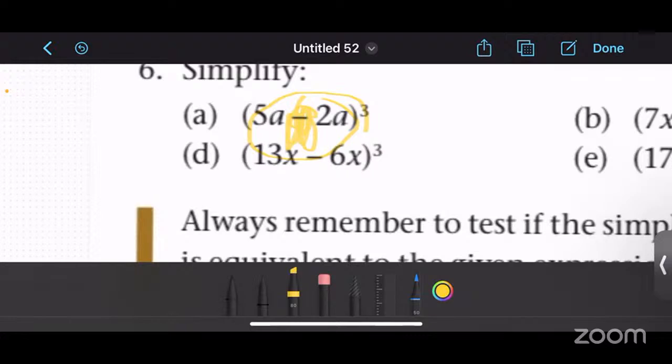So if there's a minus or plus in between, the exponent 3 is not going to multiply all the exponents inside the brackets. Does that make sense?